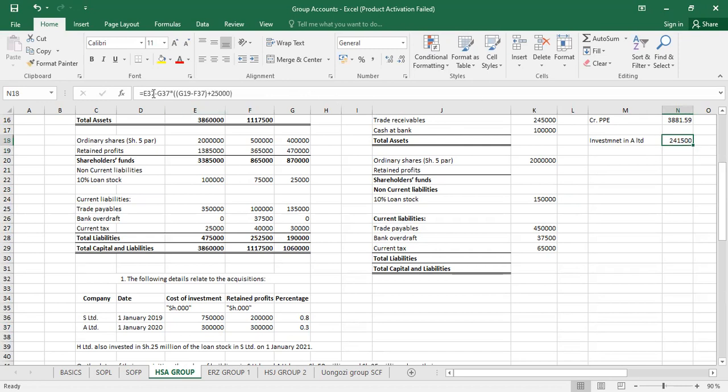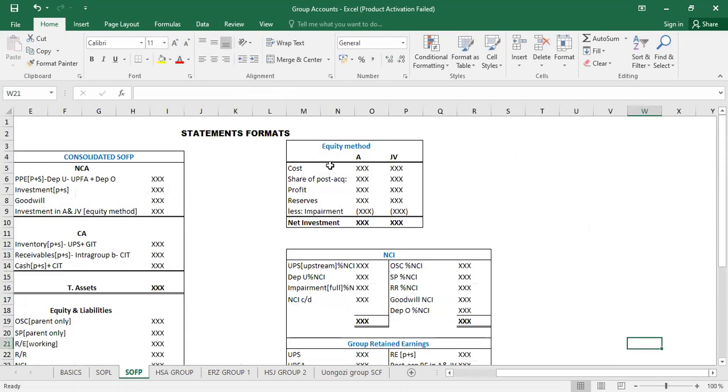Sorry, so I've forgotten. Let me just show you here what we are saying, as it is at enter. You see here, isn't it? We've added the cost. Then the share of post-acquisition profit. This is where we are minusing the current minus pre, isn't it? Then reserves.